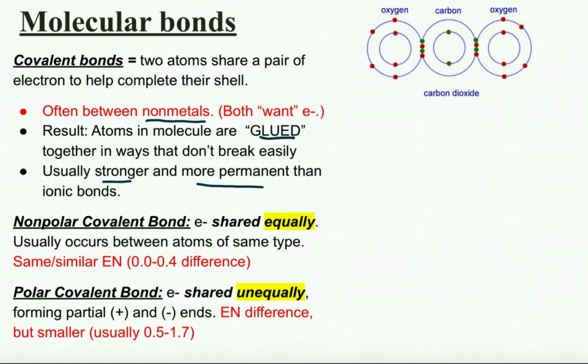Let me draw it out. So in this case, this is an example of a molecule, and you can see here, oxygen typically has 6 valence electrons, and it does have 6 here, but it's sharing 2 of them with carbon. And carbon over here has 4 valence electrons, but it's sharing its valence electrons with other atoms.